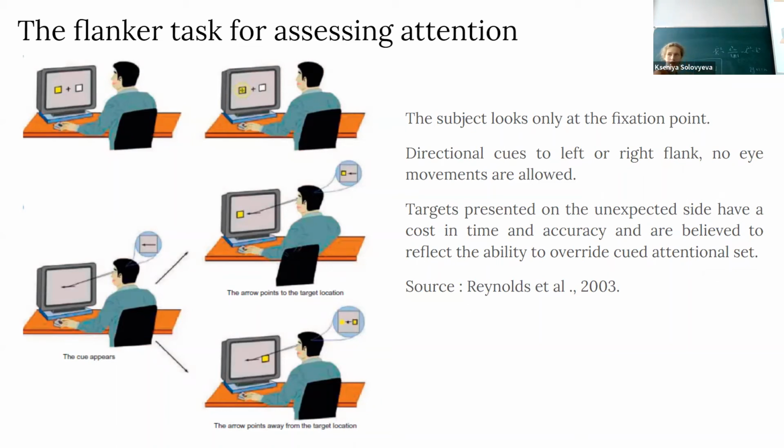Complex process. So there was a difference in the time because it's easier to react when the stimulus is in the same place where the arrow shows. And so he decided that there are different types of attention, and maybe there are different systems of attention, because there is such a difference in the time of reaction.